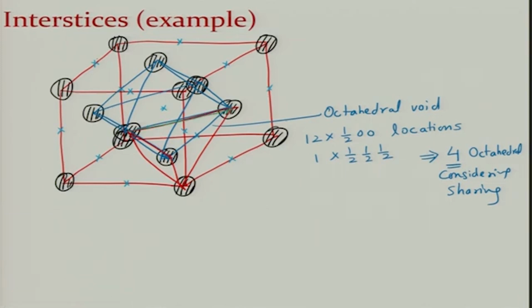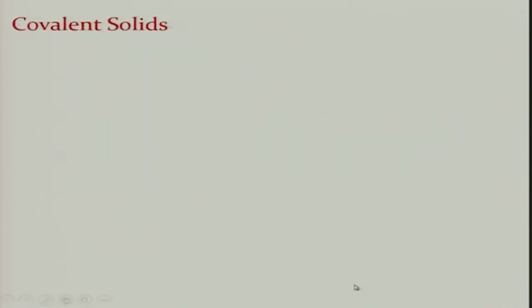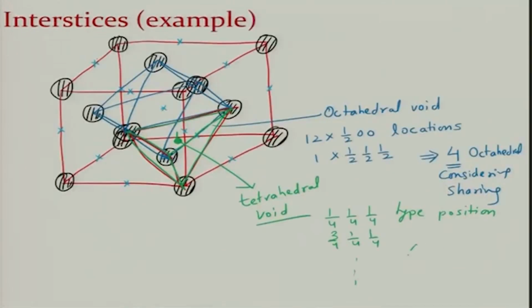So this is the tetrahedra that we form, and this atom which sits inside the tetrahedra will be the tetrahedral void. So tetrahedral voids in a FCC structure are located at quarter type of positions. So you can have quarter, three-fourths, 1 by 4, 1 by 4 and various combinations. So you will have basically 8 tetrahedral voids.